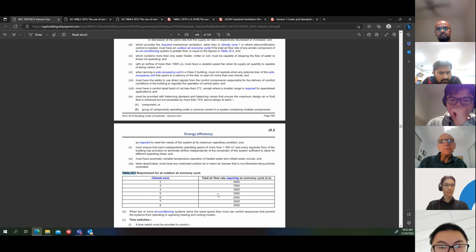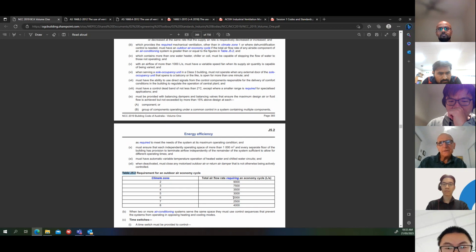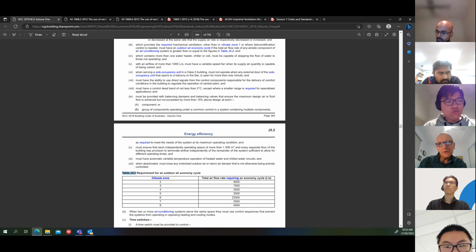So depending on the total airflow rate, we're in Melbourne, you're in climate zone 6, so anything from 2,000 and above, you need to have an economy cycle. If you've got an air handling unit that delivers 2,001 litres a second or 2,000 litres a second, you need an economy cycle, unless it is excluded for some reason. You have to read through and see if there's exclusions there.